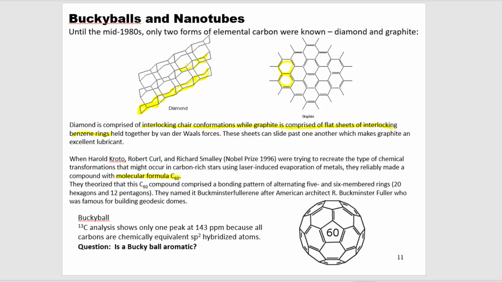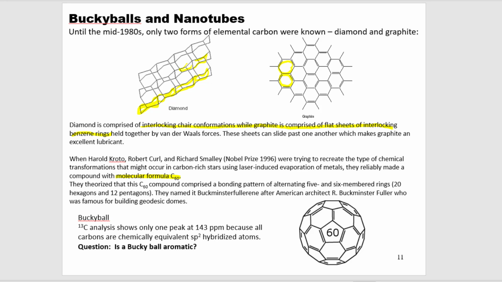They theorized that this C60 compound comprised alternating 5 and 6 membered rings, so 20 hexagons and 12 pentagons. They named it Buckminster Fullerene after the American architect Buckminster Fuller, who made buildings with geodesic domes. These are now called Buckyballs for short.